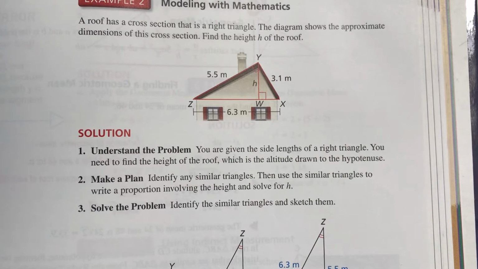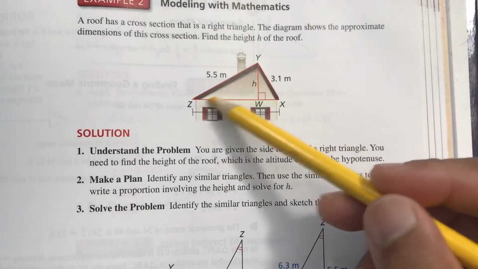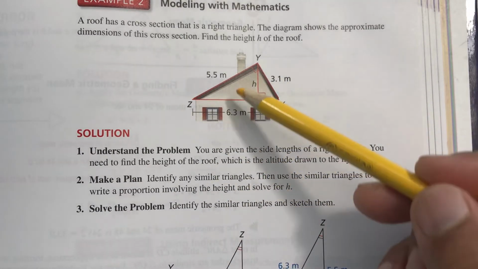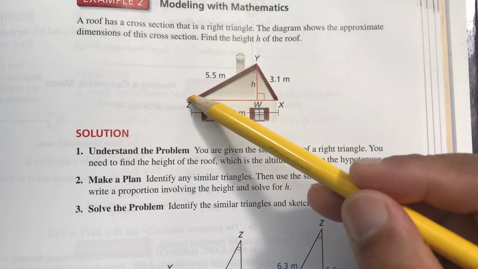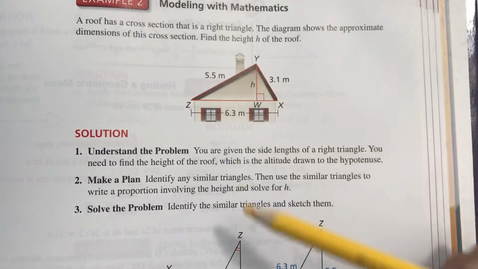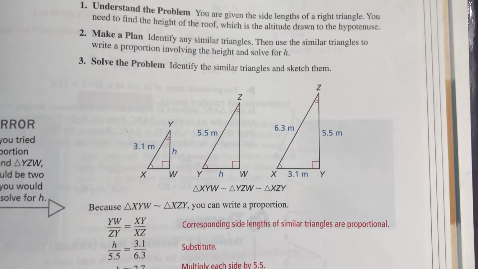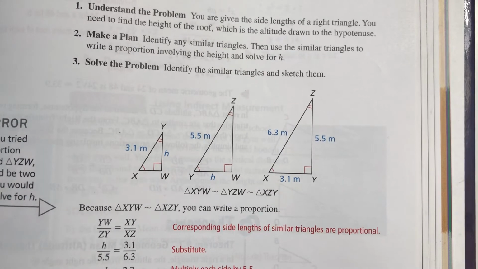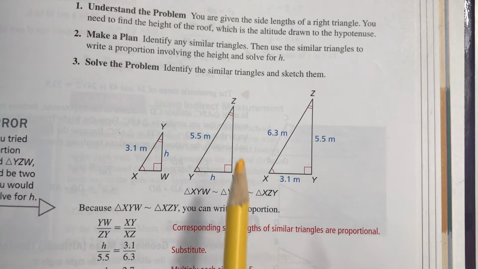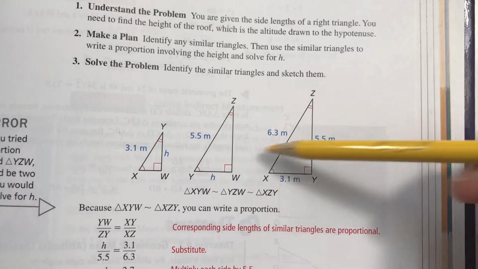First we need to know which triangles are similar. Once we look at the picture, we resketch all three triangles in the same orientation, and then we know the triangles. All right, all three triangles.